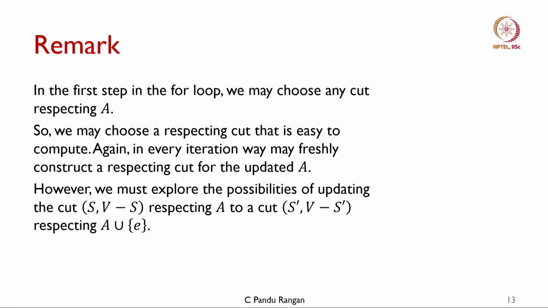Therefore, our focus will be on how we are going to get a respecting cut, and once we have a respecting cut for A and after adding an edge to A, how we are going to find a new respecting cut for the new A. Thinking along these lines, we are going to build an algorithm, and finally this analysis and discussion will lead to the description of Prim's algorithm. We will see the details in our next session.